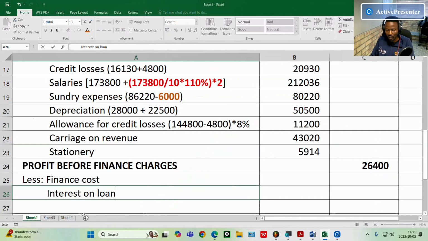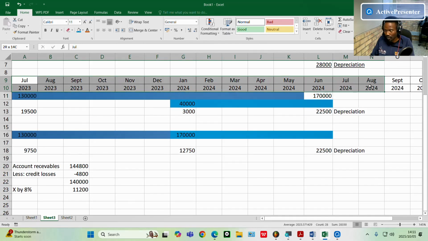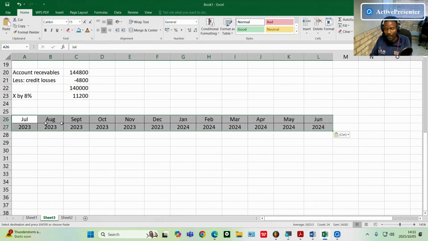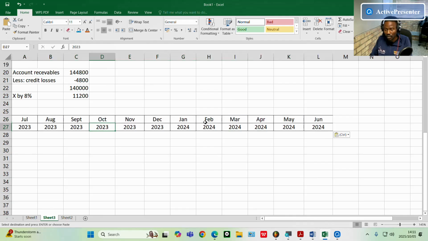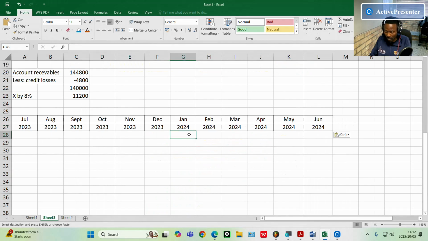So now let us go to our timeline. It says the interest rate on the loan from ABC Bank was increased by 2.75 on 1 January. So meaning we added a plus 2.75%.